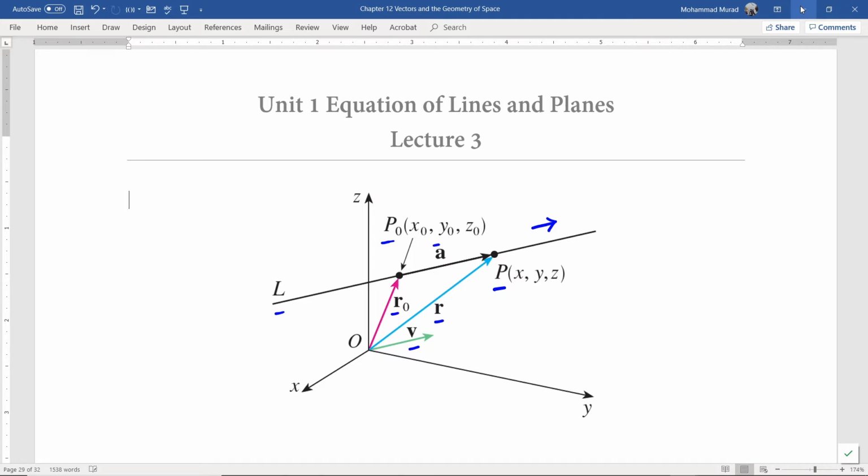If A is the vector with the representation P sub 0 P, as in figure, then the triangle law for vector addition gives R equals R sub 0 plus A.